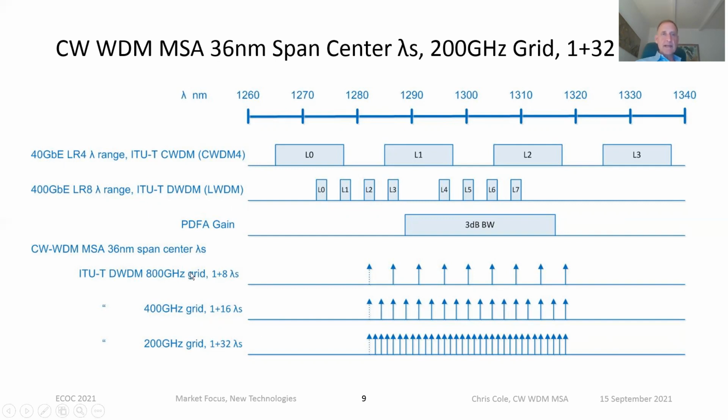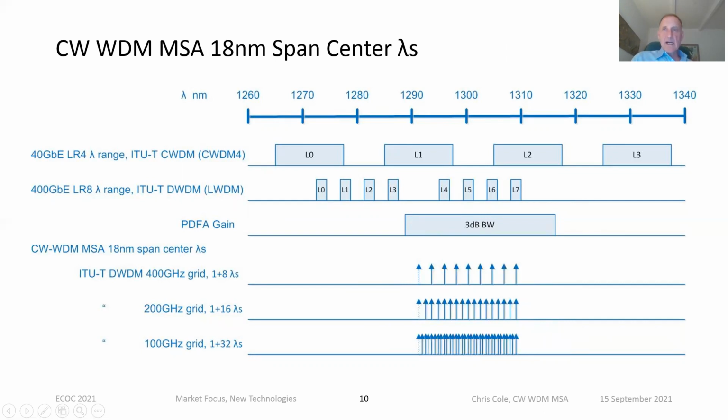If we go from the 800 gigahertz grid, with which we're familiar because it's actually deployed, to a 400 gigahertz grid, we are now doubling the number of data wavelengths to 16. And if we cut the spacing to 200 gigahertz, we're doubling the number of wavelengths to 32.